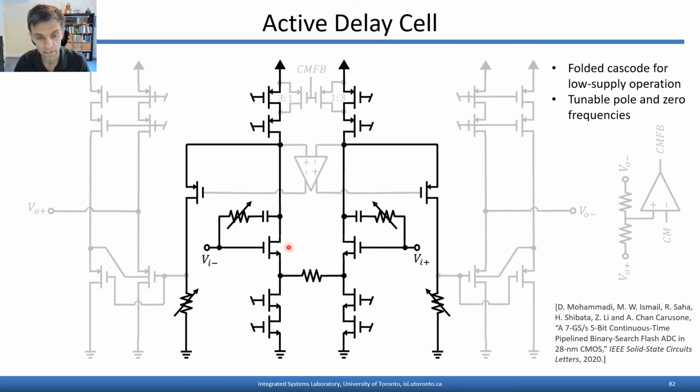So in this circuit, some tunability is provided via these two resistors here. The tunability in this resistor allows us to control the location of the zero. This is similar to the lead compensation resistor in a two-stage op-amp, but in that case, the value of the resistor is chosen so that the zero wraps all the way around from the right half plane to the left half plane, thereby providing a phase lead and some extra phase shift.